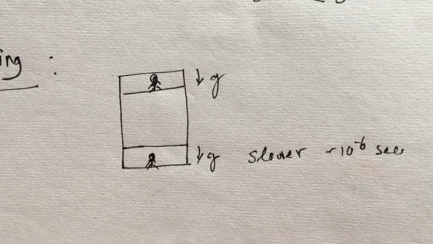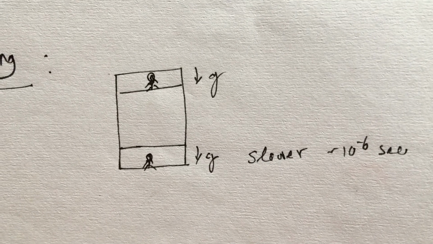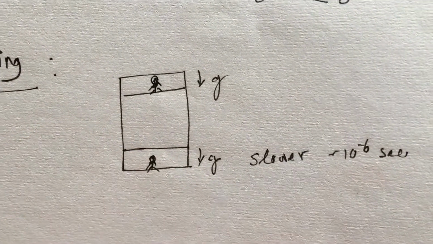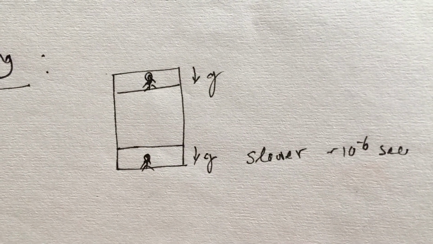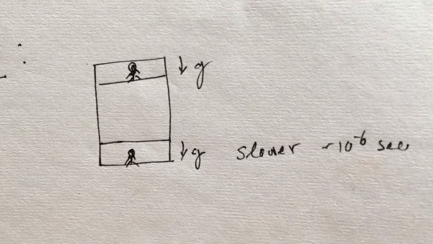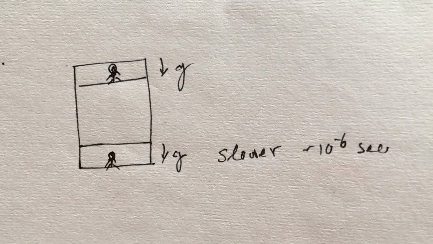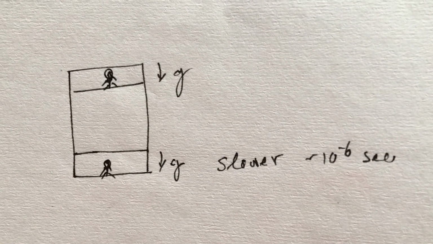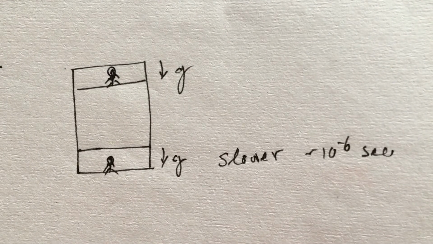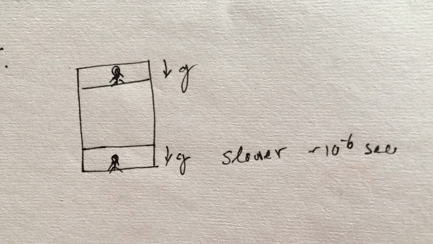But that is not much. For a whole lifetime, this clock will run slower by a few microseconds only. So that is quite insignificant for a whole lifetime. But at least if you are living on the ground floor of a very high-rise building, your clocks are running slower than the person on the top floor.